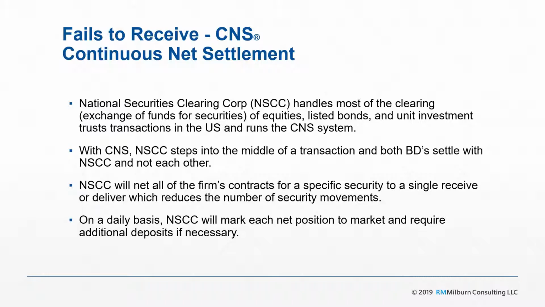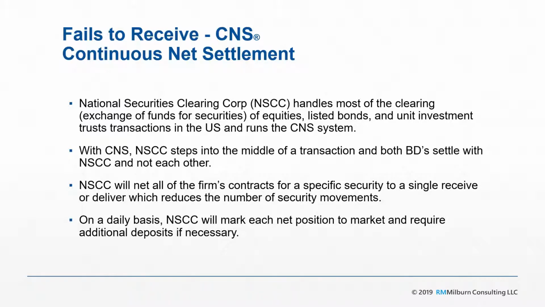In that particular instance, NSCC will then net down all of the contracts for a particular security from a particular broker-dealer. So, for example, if your firm has traded 10 or 15 times buys and sells of the same security, and NSCC steps into the middle of all those transactions, they're going to net down all those buys and sells.